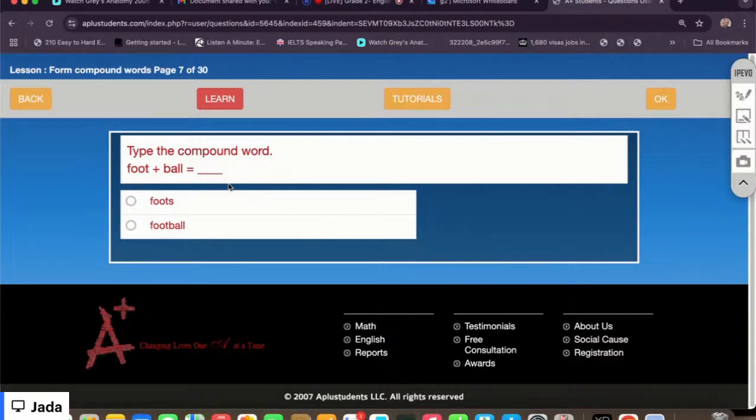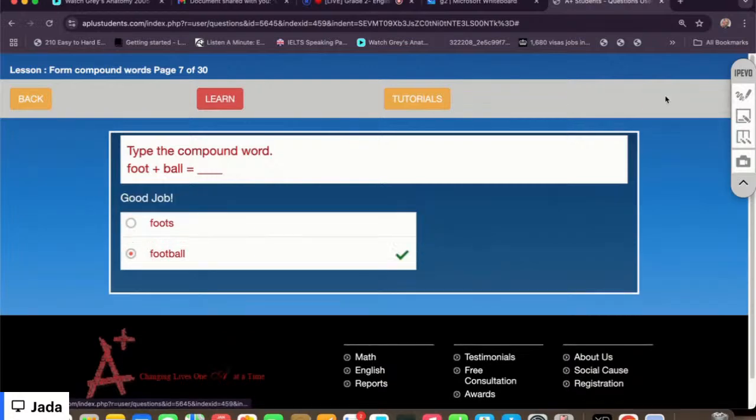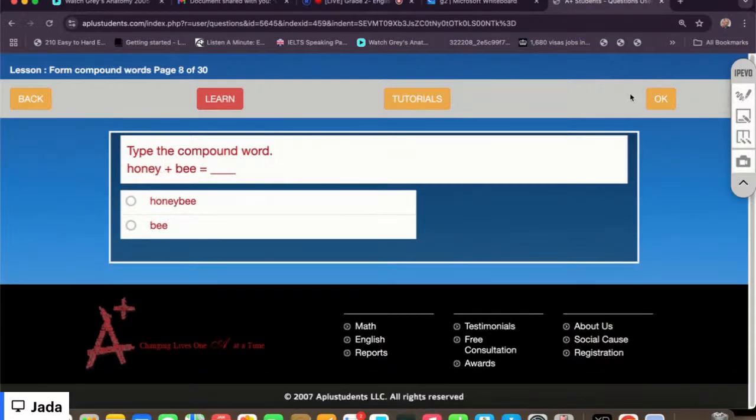What does it give us? Foot plus ball gives us what? What's our answer? Okay, it gives us football. So we have honey plus bee. What do we have here?